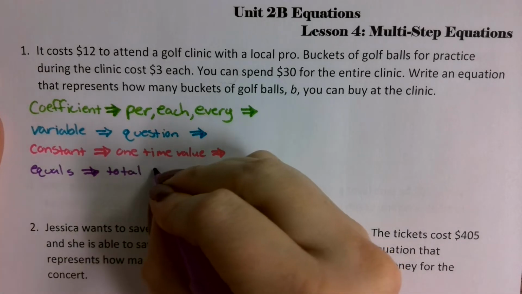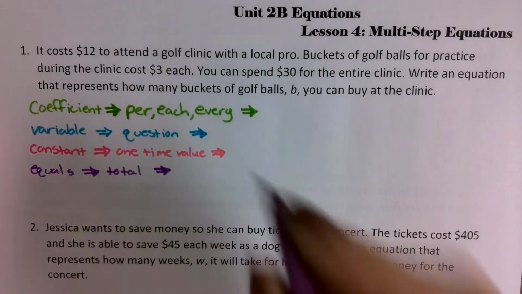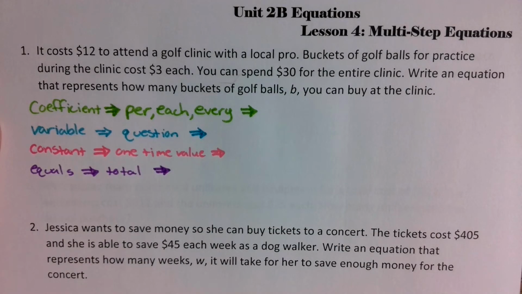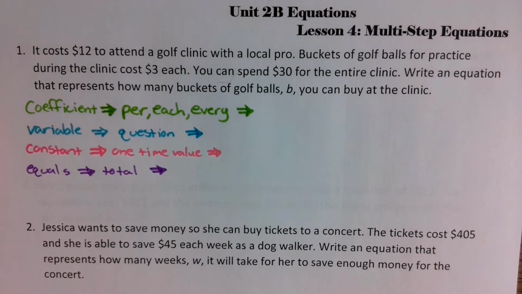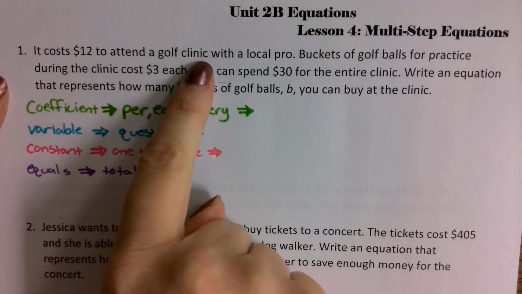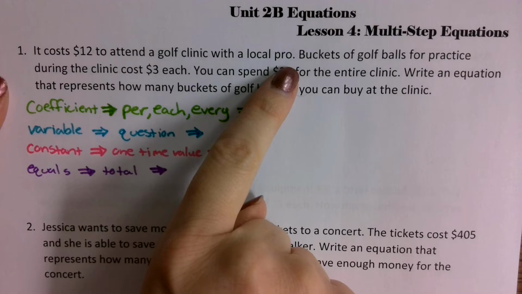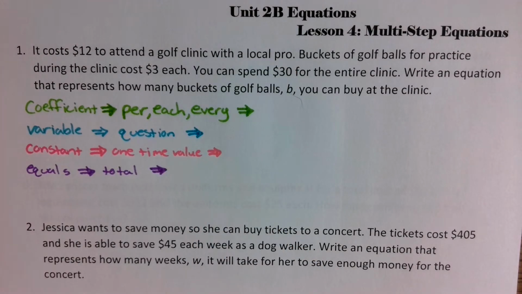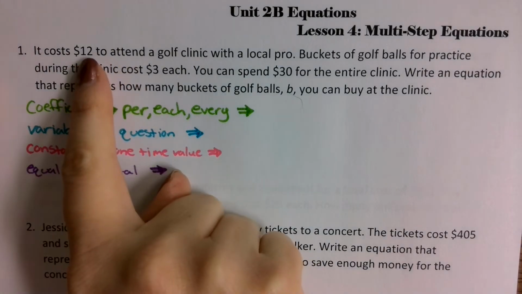Okay? So let's go through this very first problem. You always want to read the problem in its entirety. Then you want to go back and look at what the question is asking and then piece these things together. So it costs $12 to attend a golf clinic with a local pro. So if you're wanting to attend this golf clinic and be taught by a local pro, you have to pay $12 just to go.